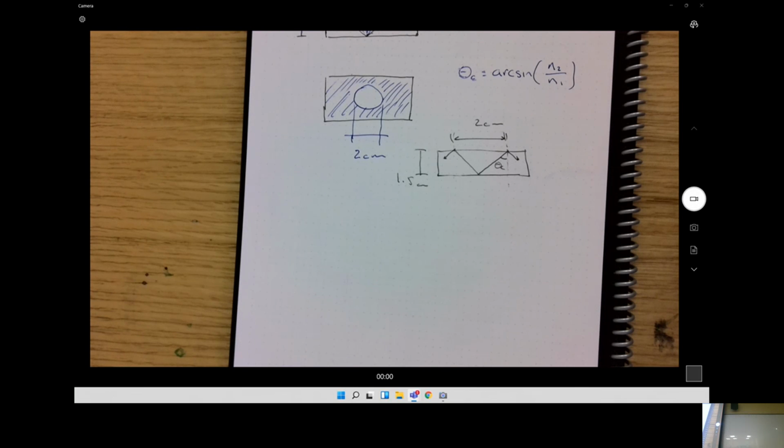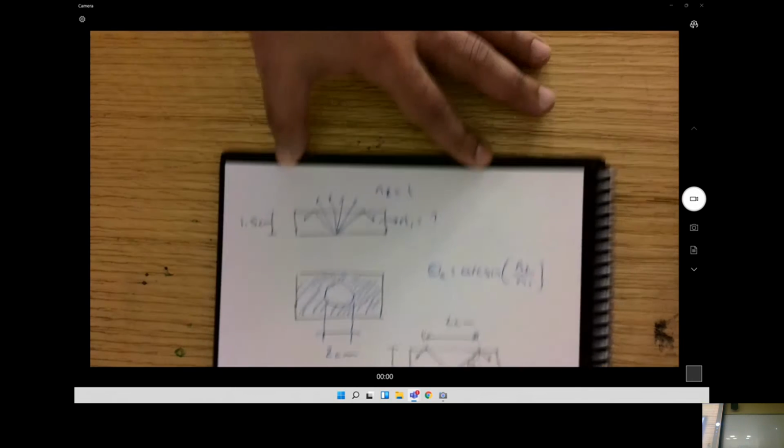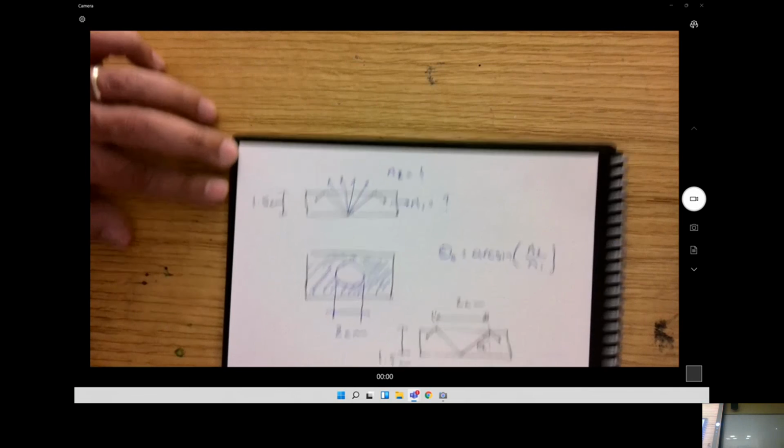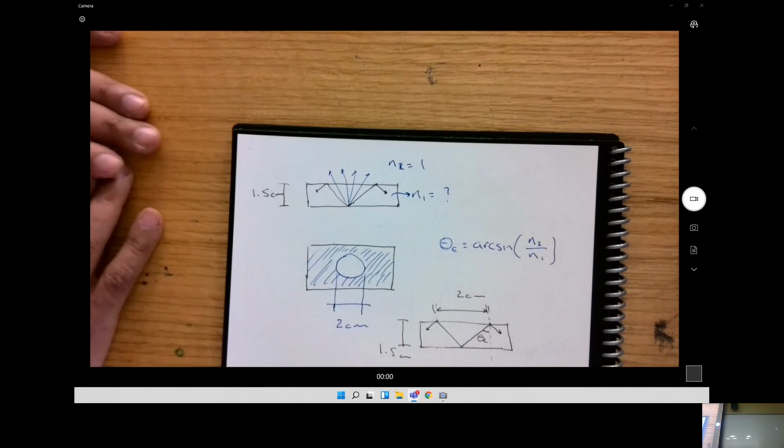So the angle that you need. So N2 is air, N1 is the one that we want to find out.